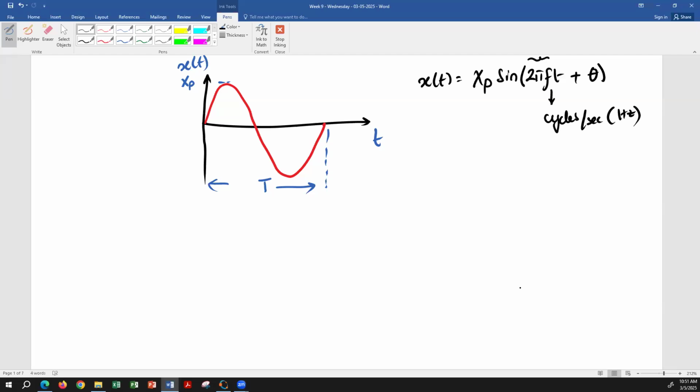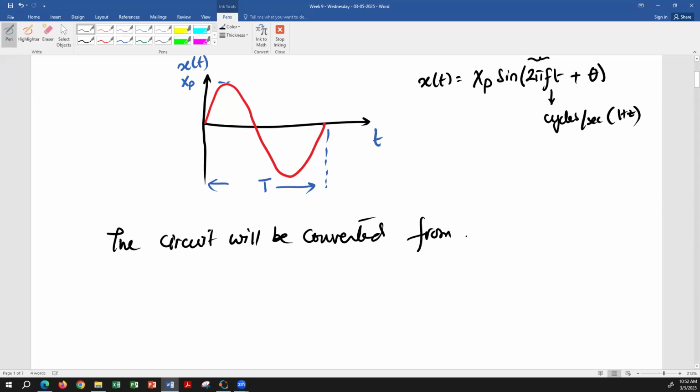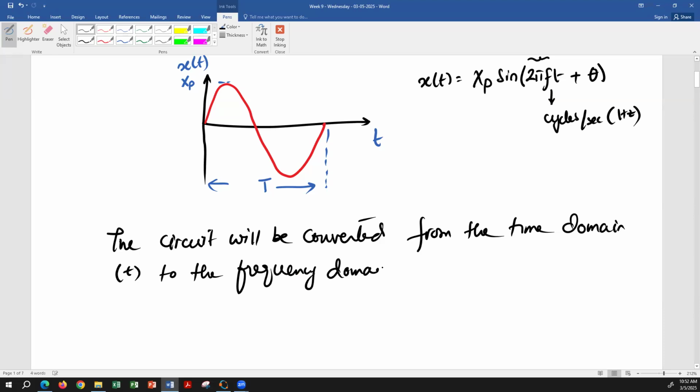Therefore, when we are discussing the steady state responses specifically, we convert the circuit from the time domain, that is as a function of t, to the complex frequency domain, as a function of j omega.